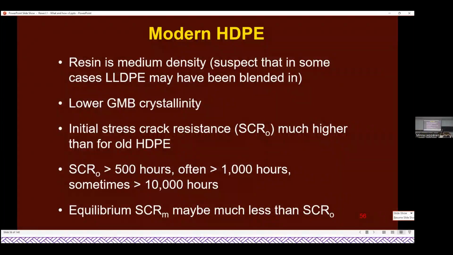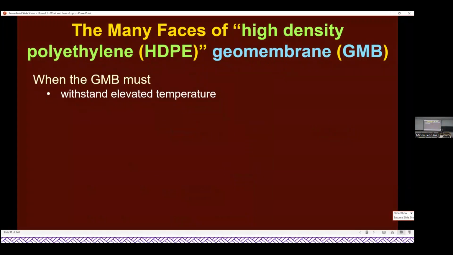And what you really need to know is what is the true stress crack resistance, which we can obtain, but it takes at least 90 days of testing, 90 days of aging before you do your stress crack test. As I say, we don't have time to get into that, but I want to draw your attention to it.